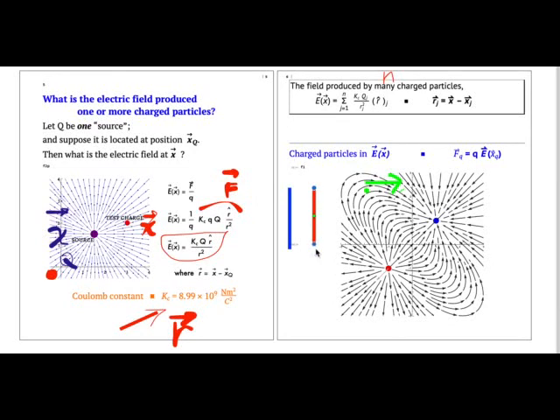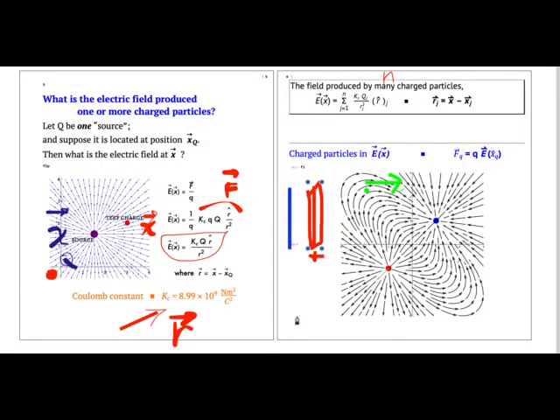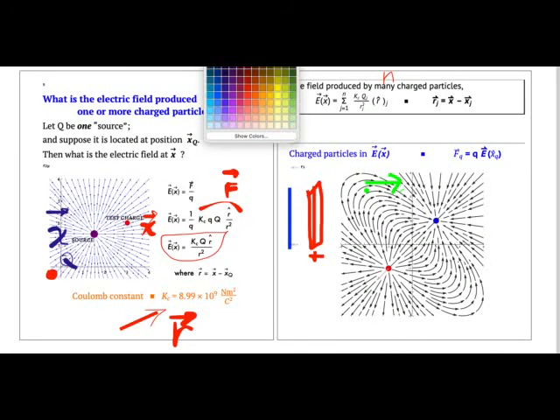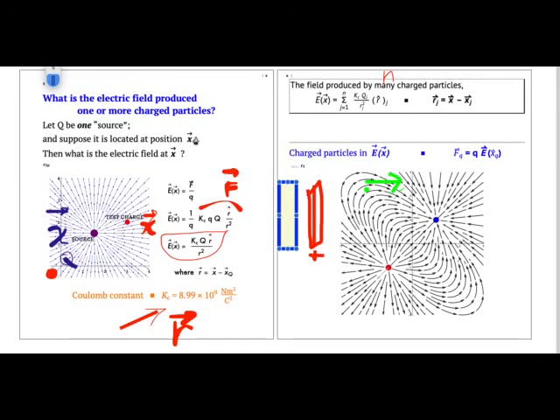So you have a positive plate, a little positive flat plate. And here I'd have a negative flat plate, colored blue. That's called a parallel plate capacitor.